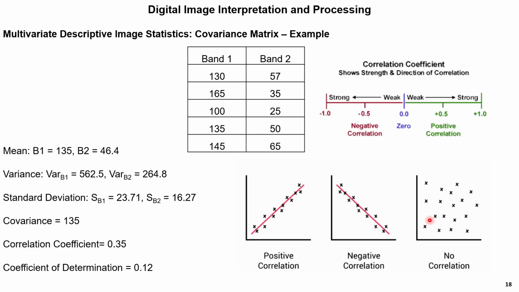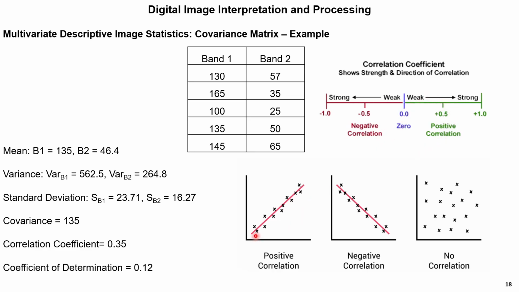Negative correlation is this kind of variation: for a high band value of band 1 and low value of band 2, your mapping is here. And as band 1 increases and band 2 decreases, it has a negative slope. That indicates a very strong negative correlation.